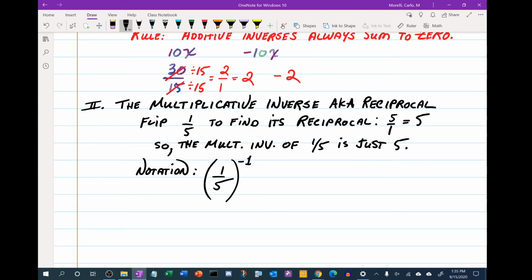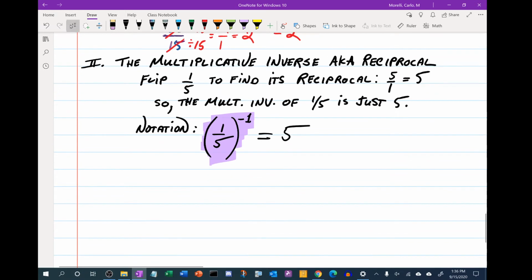What this is asking for is, it's saying flip 1/5. So if I ask you this question, you would say 5. This is one of those things that you get only after you see it for a while.